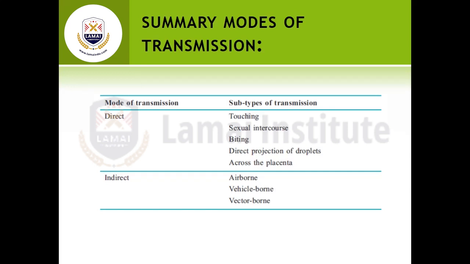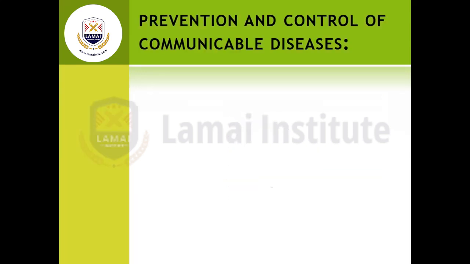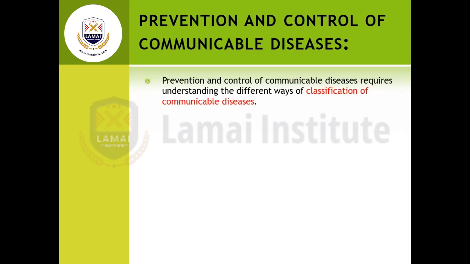Now, another thing that we have to mention is the whole emphasis on the prevention and the control of communicable diseases. So how do we prevent and how do we control communicable diseases? It is important to make sure that we understand the different ways of classification of communicable diseases.